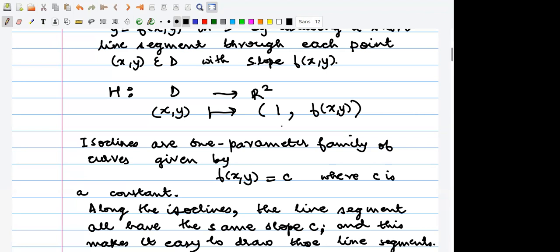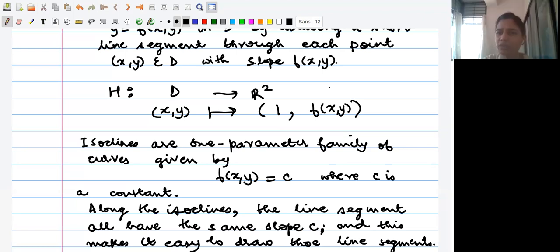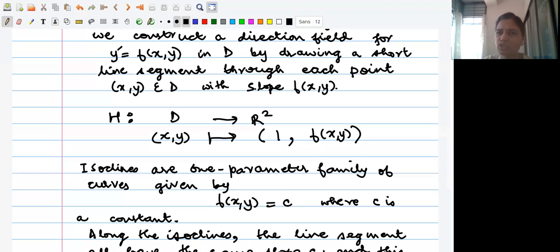Ma'am, instead of taking the magnitude as 1, if we take lesser magnitude, then we'll get a more approximate curve, right? See, we are not taking magnitude 1. I did say yesterday unit vector, but I think that is not required. You associate a short line segment.